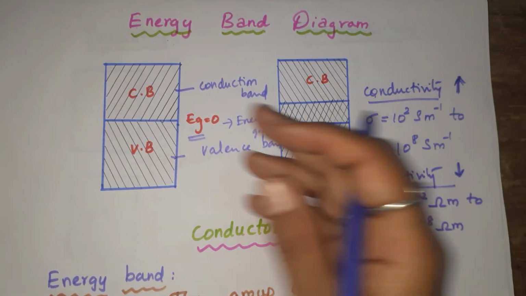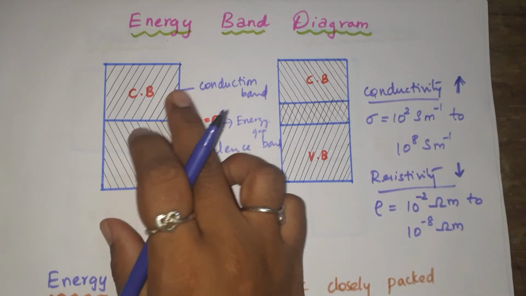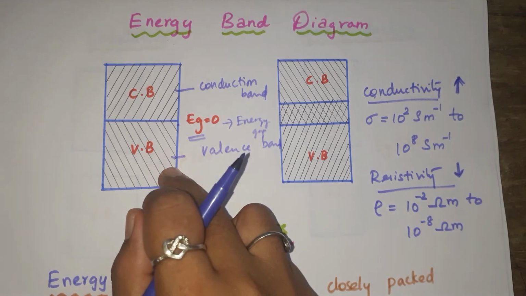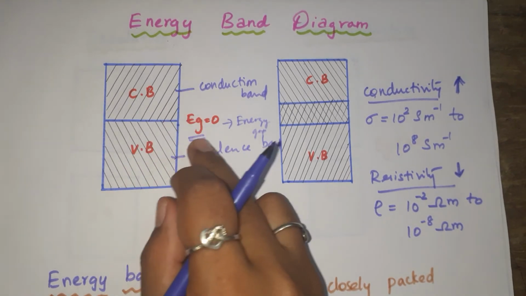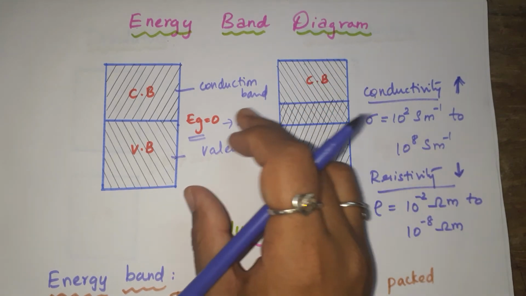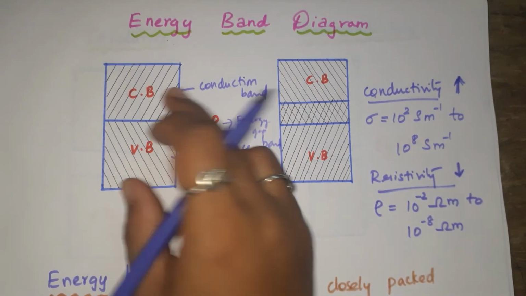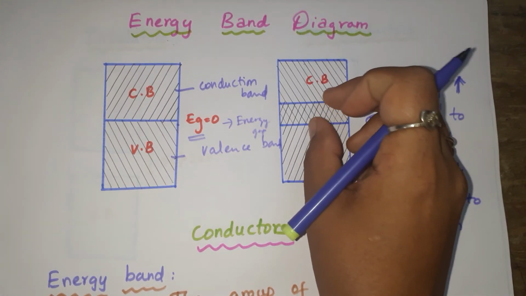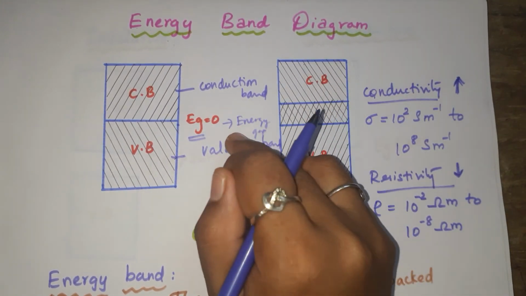Go through the points first. In the case of conductors, there is no energy gap between the valence band and the conduction band, so we wrote Eg equals 0. For certain types of conductors, the valence band and conduction band overlap like this, so the energy gap is also 0.